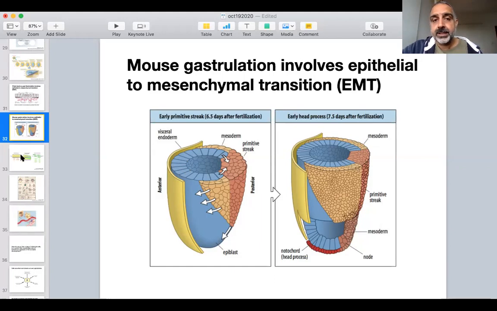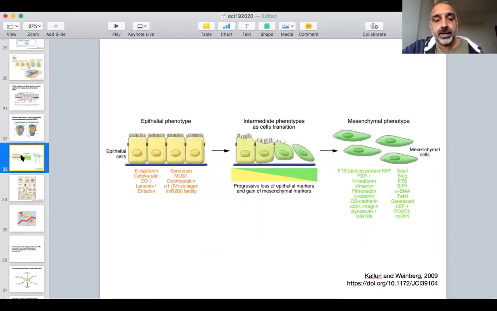So EMT is a particular coordinated cell behavior, which is fantastic. It involves many different kinds of changes in molecular configuration.